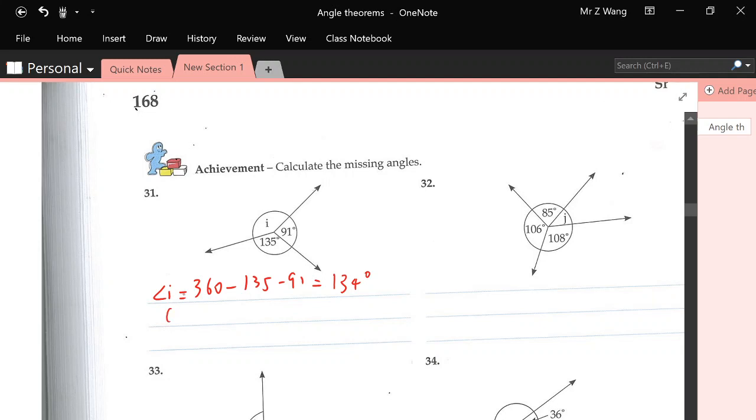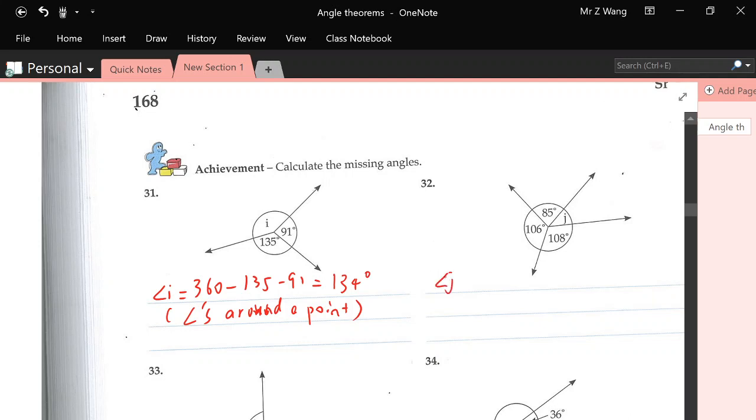Then you have to write it as angles around a point. And the same thing here.